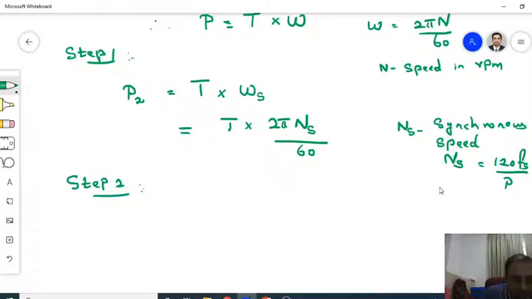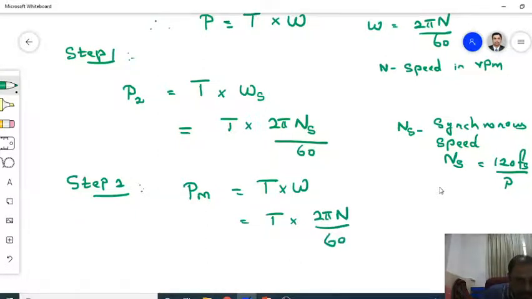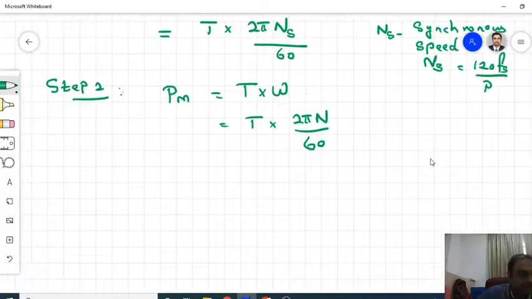Next, step 2, mechanical power developed. Pm equal to the same, torque into omega, T into 2 pi N by 60.